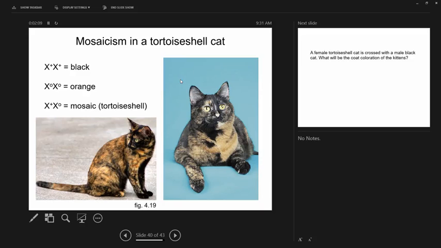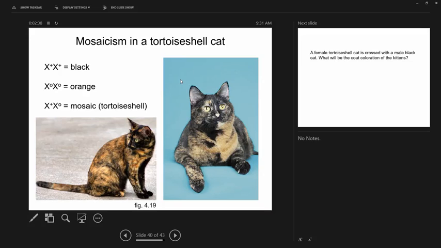You can see there's patches of black fur and patches of orange fur. In some cases, like this one on the right here, she's got much bigger patches. Now this striping is other genes, so we're just looking at black or orange. Whereas this one is a bit more thinned out. It just depends on when the X gets inactivated, and then after the X gets inactivated, it doesn't change in every mitosis after that.